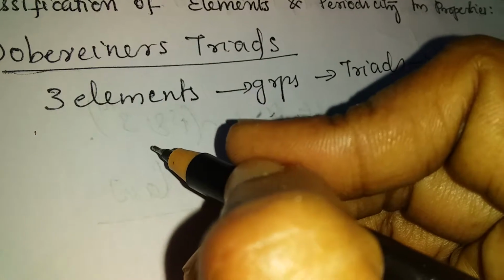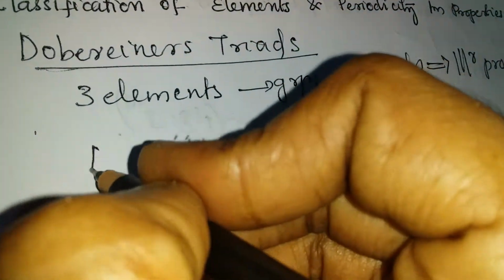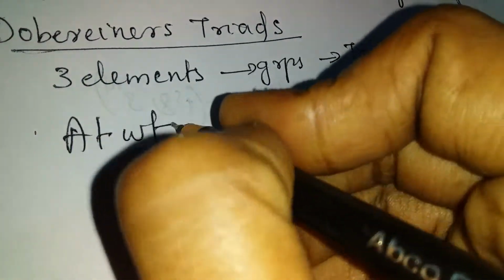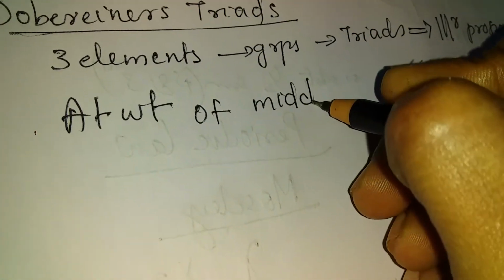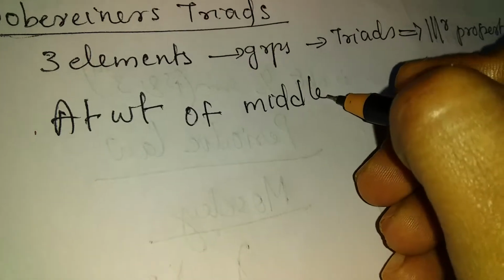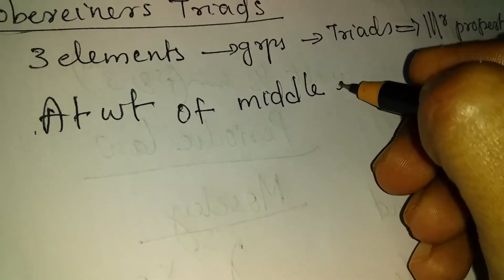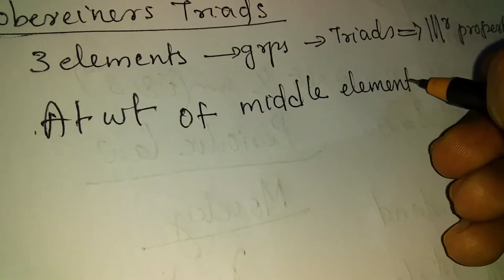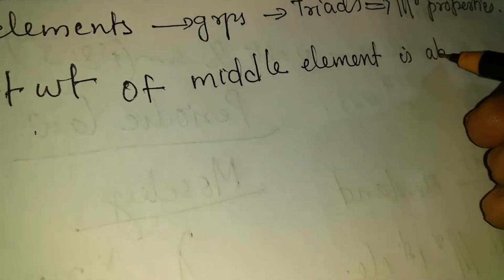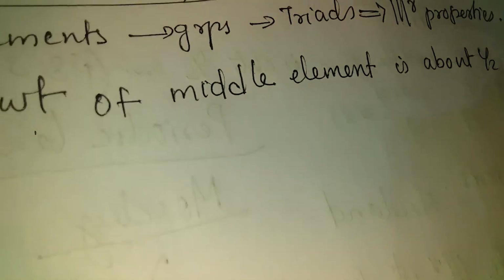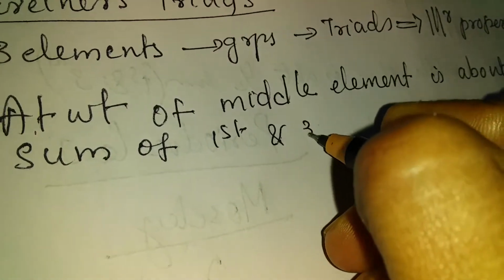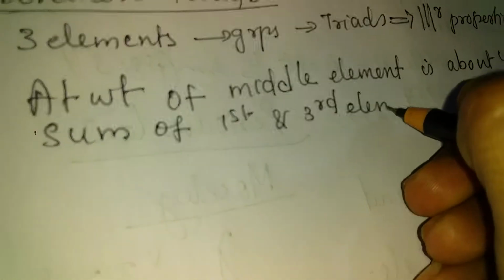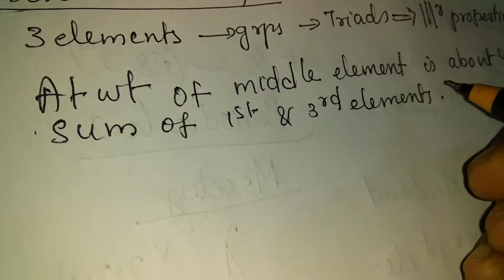So he found that in triads, listen, we have 3 elements in each group. The atomic weight of the middle element is about half of the sum of the first and third elements.